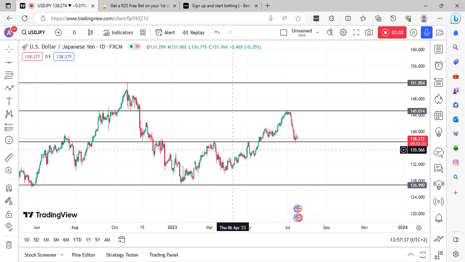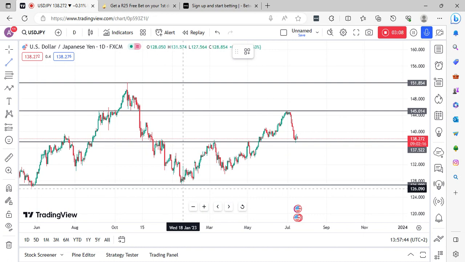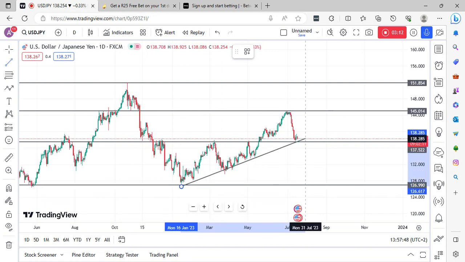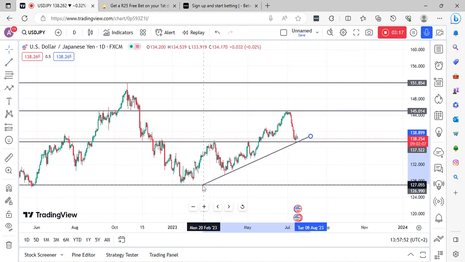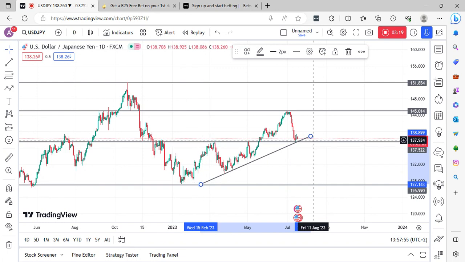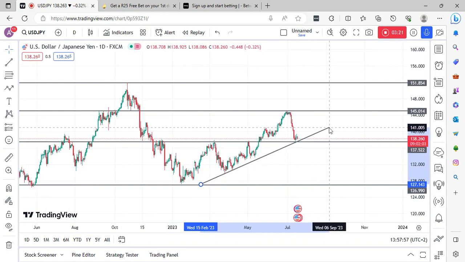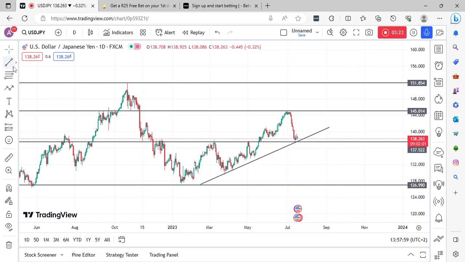So when you go down to your lower time frames, you must have an understanding of what you are going to be looking for. Are you going to be looking for buying opportunities or selling opportunities? So we now have an idea of what we are going to be looking for on our lower time frames.